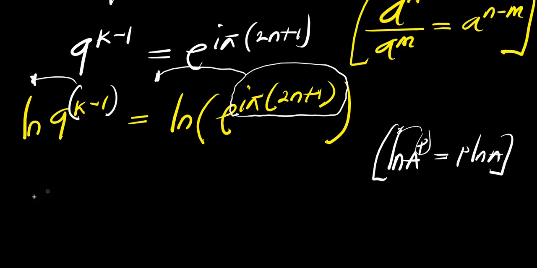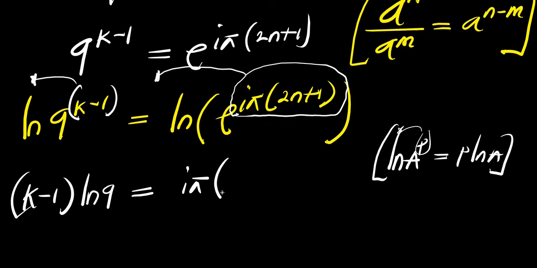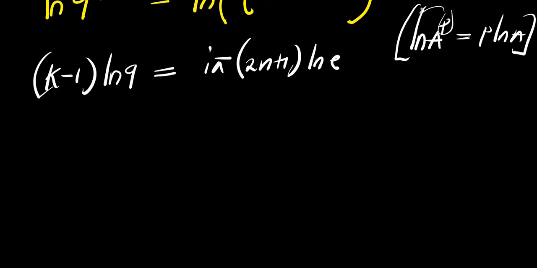So right now we are going to have k minus 1 times natural log of 9 equals I times pi times 2n plus 1 times natural log of e. So from here, we can observe that the natural log of e equals 1.